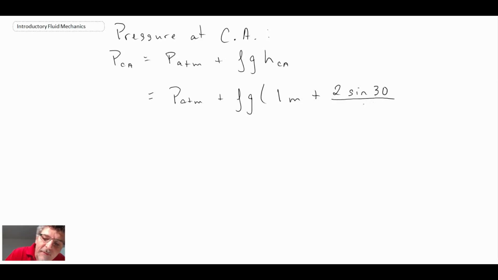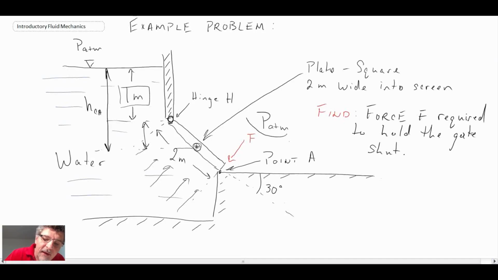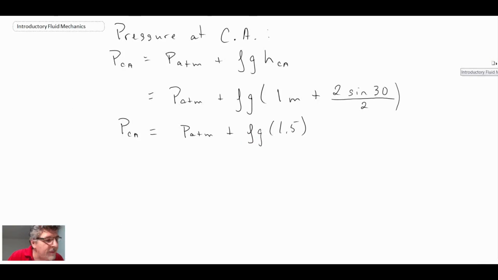And I'll divide by 2 because we're going to the middle of the plate, and the plate is 2 meters long. So with that, what do we get? We get P_CA. So the pressure at the center of area is P atmosphere plus rho g times 1.5. Now, the thing that we said was that P atmosphere is on the outside of the plate. So the P atmosphere is just going to drop out.